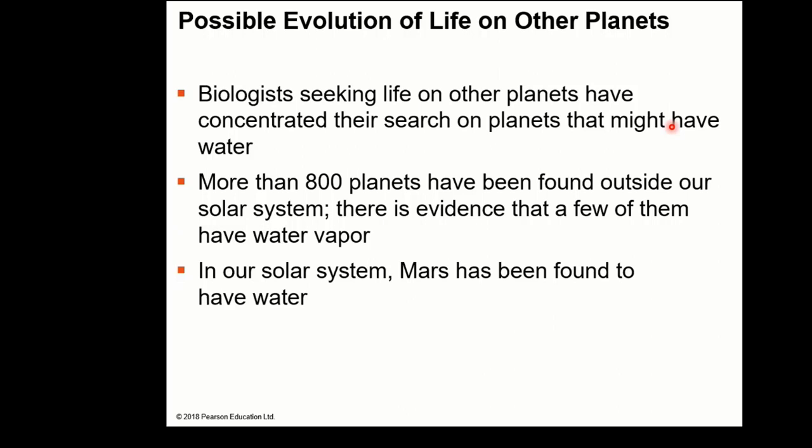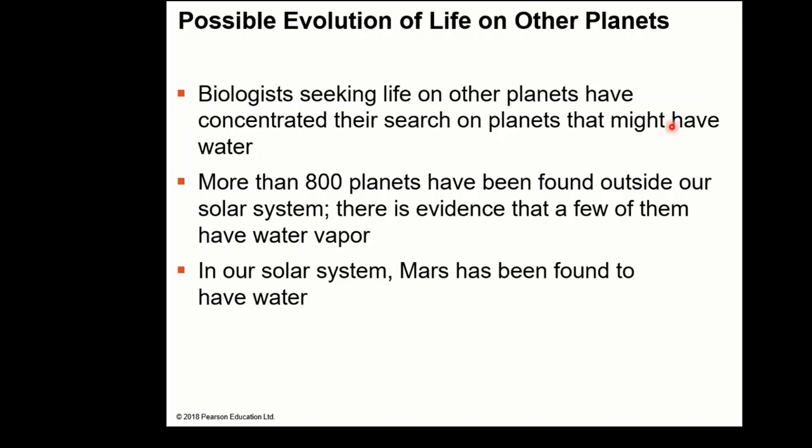So as we go further, what does this explain? What is the point of all of this? This represents the possible evolution of life on other planets. Biologists seeking life on other planets have concentrated their search on planets with water.